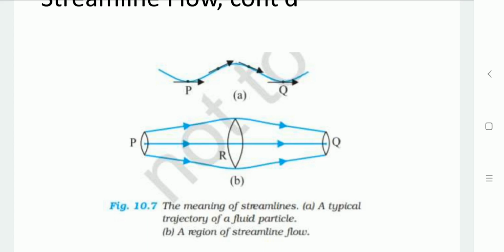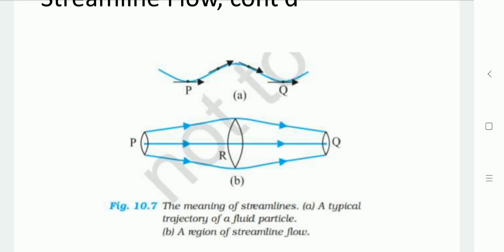Now you can see diagram B, in which planes perpendicular to the direction of flow of fluid are indicated as P, Q and R. The number of fluid particles crossing the surfaces P, R and Q is the same.